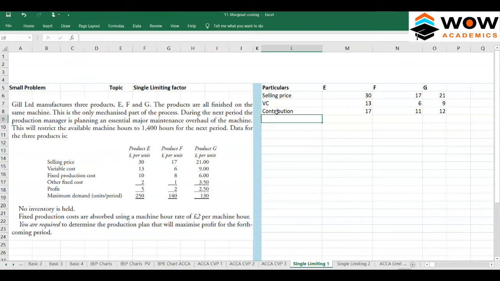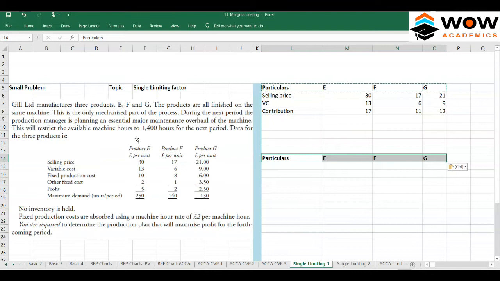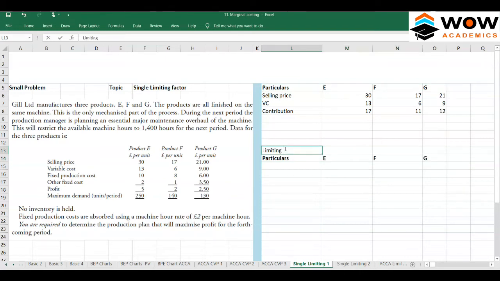We'll go to the next number. We have to find out the total machine hours. He says that the maximum machine hours available is 1400. So that is going to be the limiting factor. The limiting factor in this problem is the machine hour.